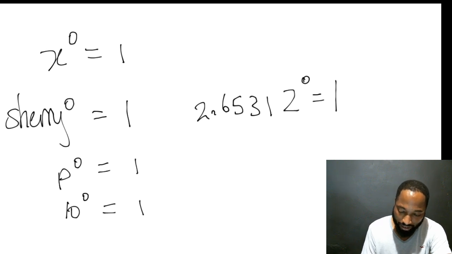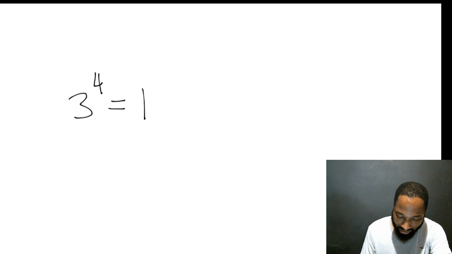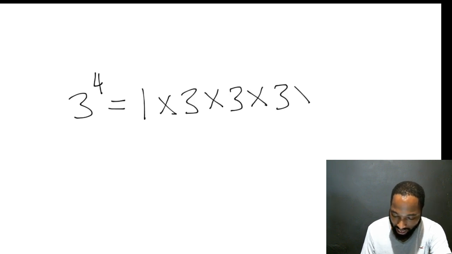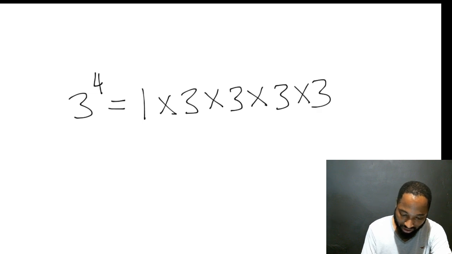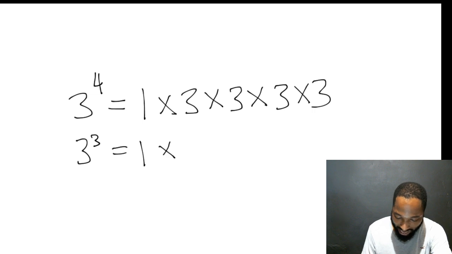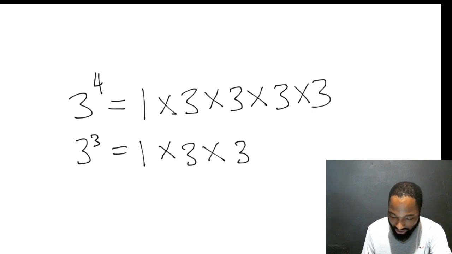You know why? Indices works like this. When I say 3 to the power of 4, I mean 1 times 3 times 3 times 3 times 3. Normally, we don't even put this 1. Let me show you what's happening here. If I put 3 to the power of 3, I mean 1 times 3 times 3 times 3.